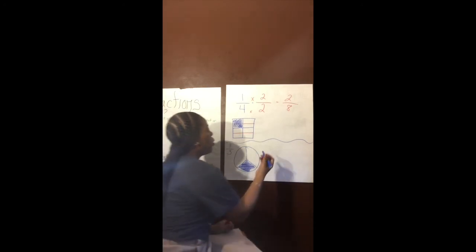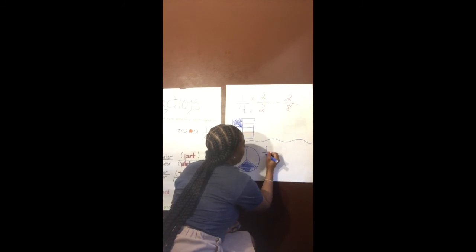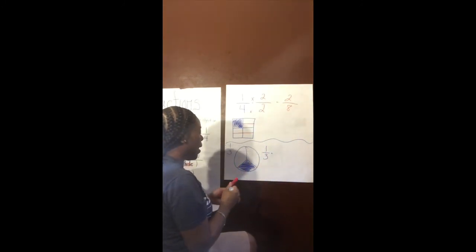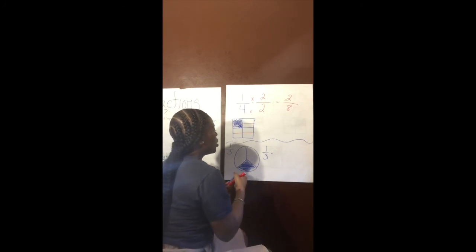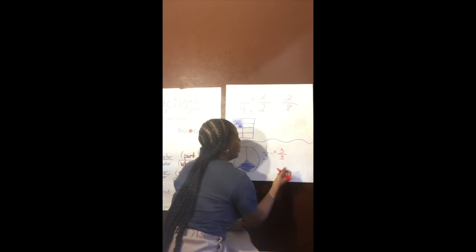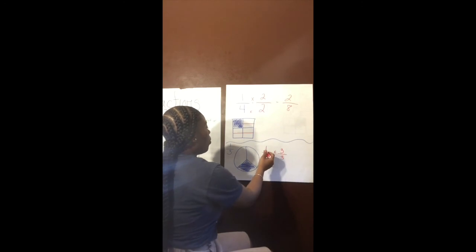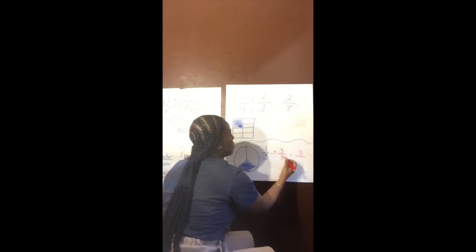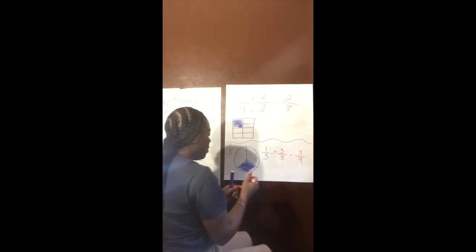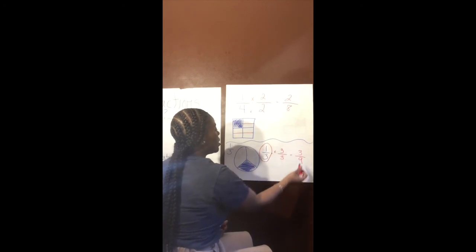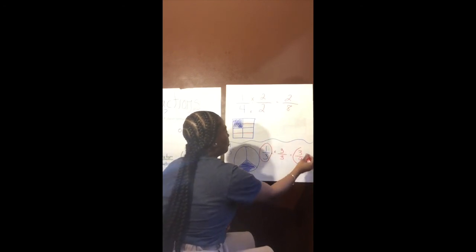Remember that whatever you multiply your numerator by, you need to also multiply your denominator by. So I'm just going to take a different color to show multiplying the numerator by 3, multiplying the denominator by 3 as well. Now, 1 times 3 equals 3. And 3 times 3 equals 9. And there you have it. 1/3 is equivalent to 3/9.